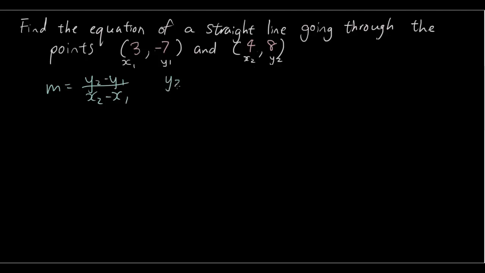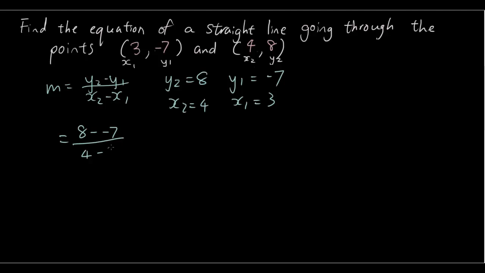Substituting in the numbers, y2 is 8, y1 is -7, x2 is 4, x1 is 3. So y2 minus y1, 8 minus -7, over 4 minus 3, so it's 15 over 1. So the gradient is 15. It's a pretty big gradient.